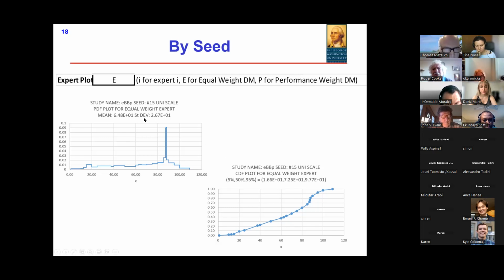For the distribution, I have calculated the mean and the variance. And for the CDF, I've calculated the 5, 50, and 95th percentile for whatever you put in, either this individual expert or the equal weights expert or the performance weight expert. You can see these distributions.